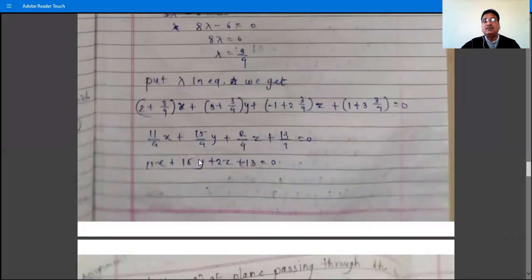Multiplying by 4, we have 11x + 15y + 2z + 13 = 0, and this is the required equation of plane.